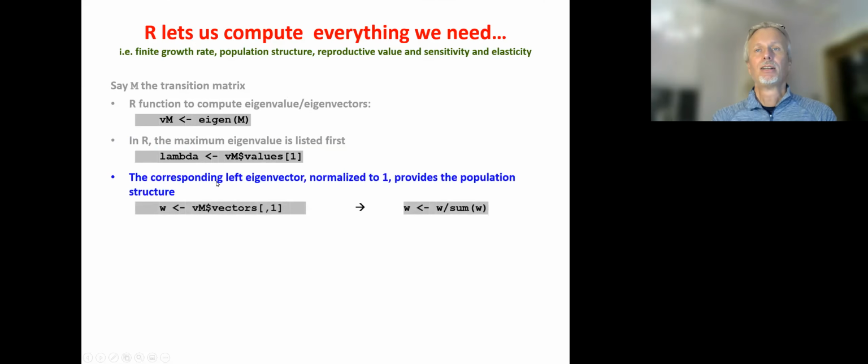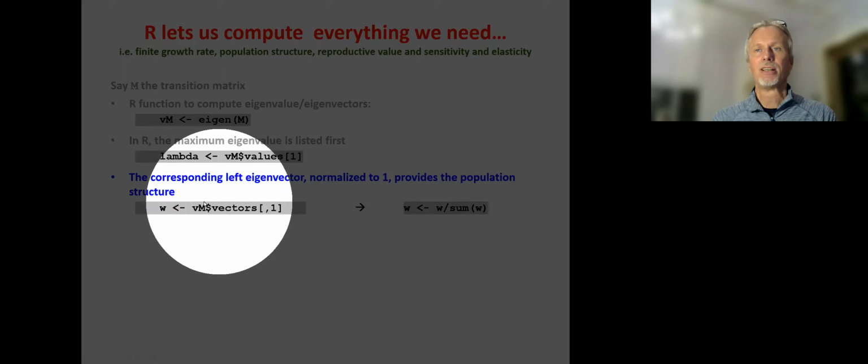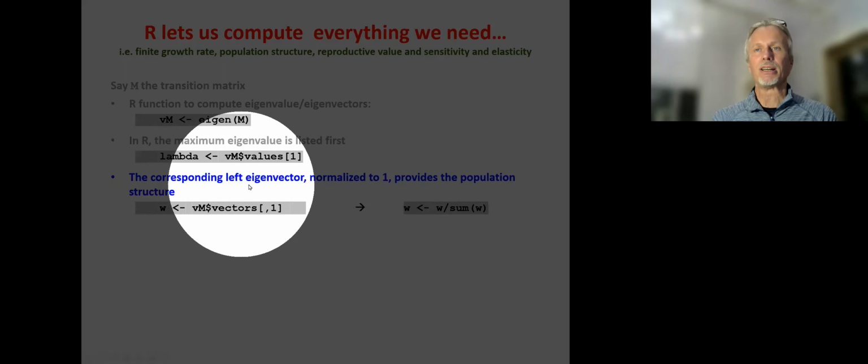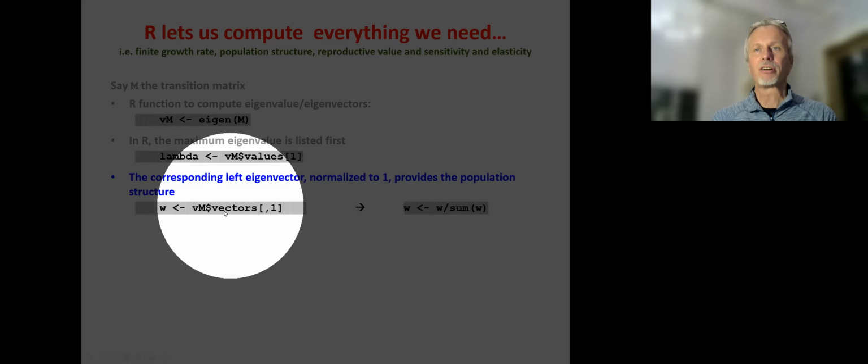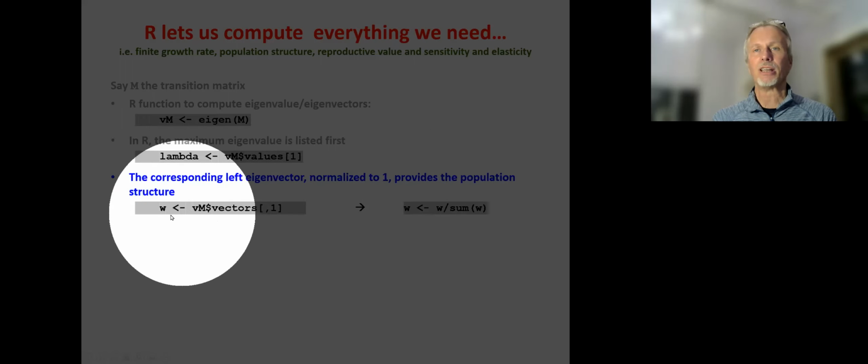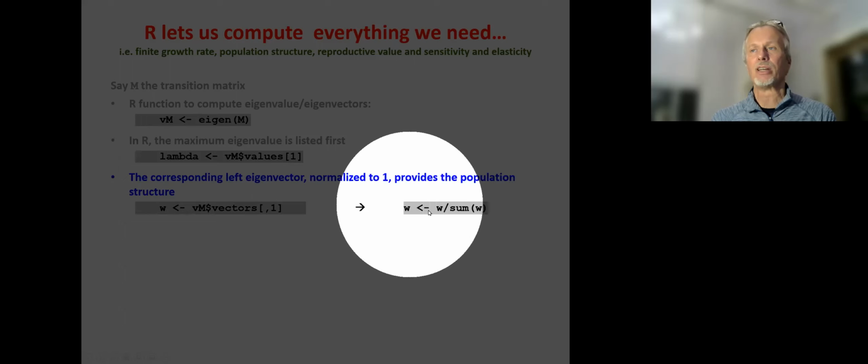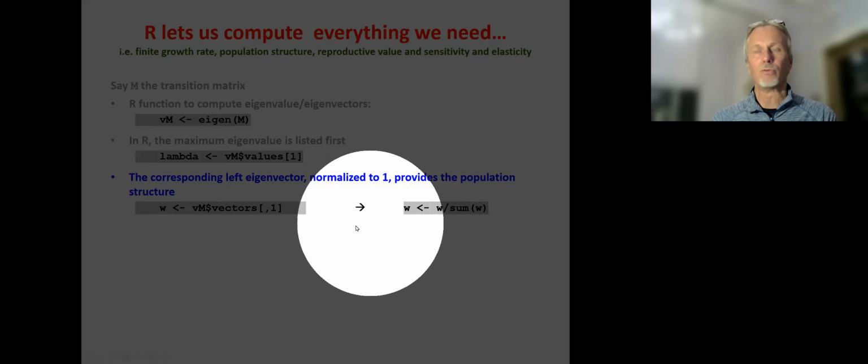Then we can extract the corresponding eigenvector normalized to 1 that provides the population structure here. So we extract it and then we normalize it, so the sum of W is equal to 1.